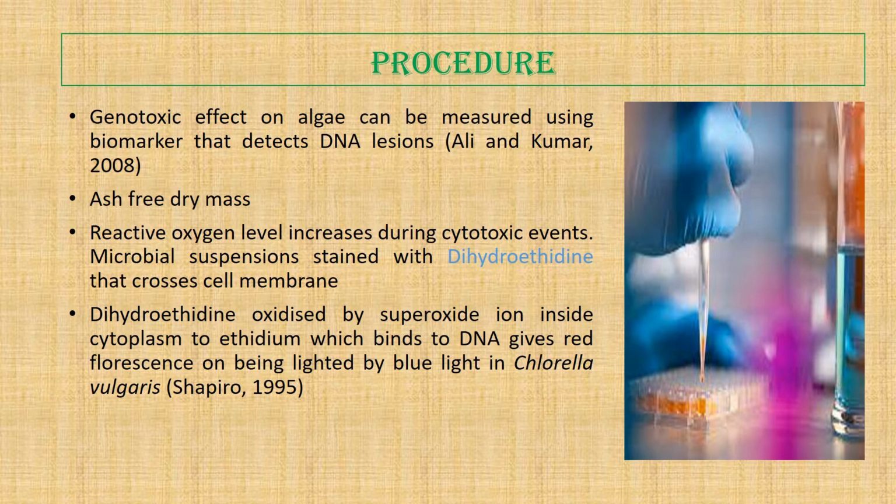Also, the level of stress can be determined by the level of DNA lesions using molecular techniques. We can also get a relative number of living and dead cells by using dyes like dihydroethidine.